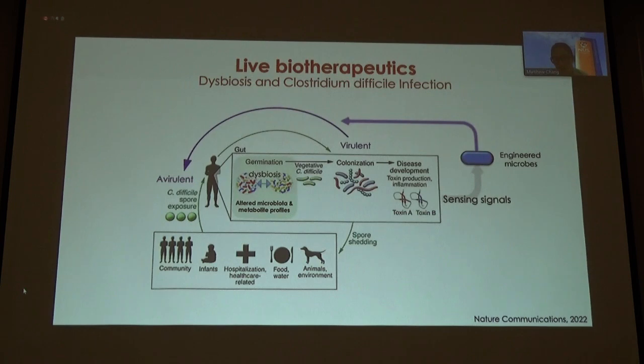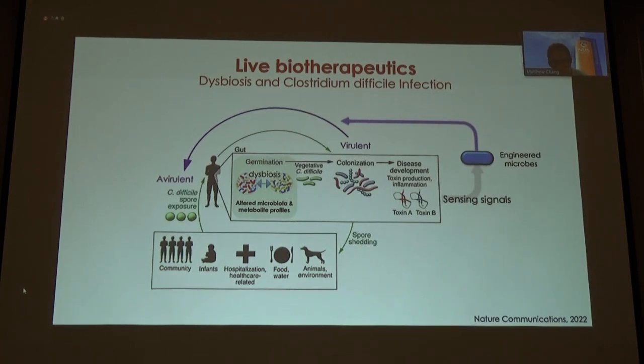Our hypothesis was that whenever antibiotics are introduced to patients, the balance in the gut microbiota breaks. This leads to an increased population of the gut pathogen I just mentioned, Clostridium difficile.